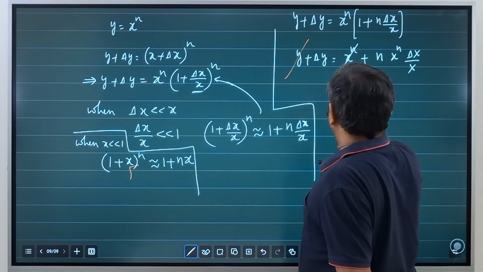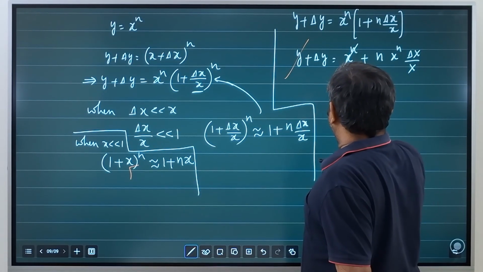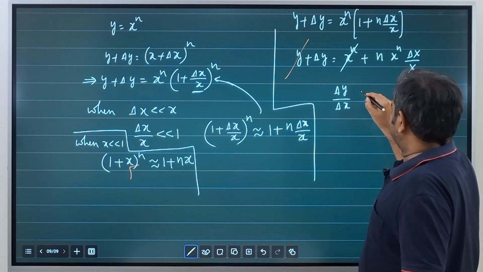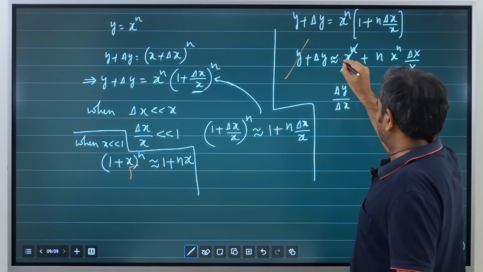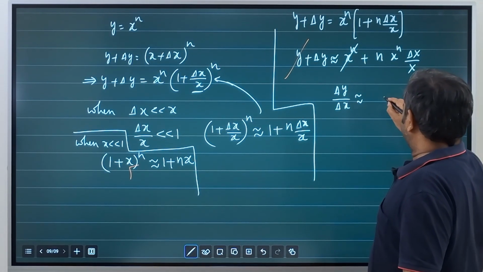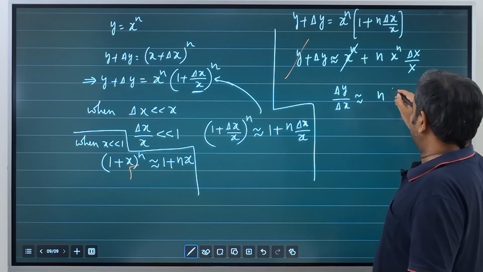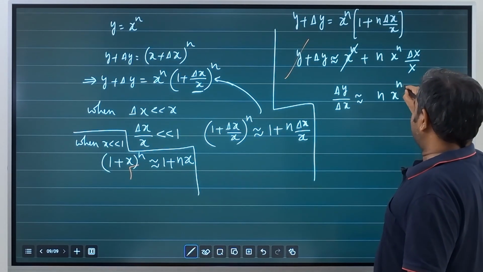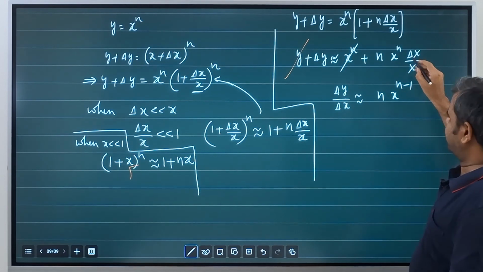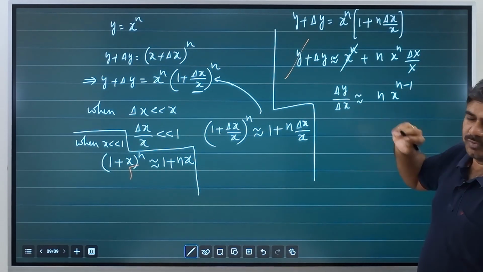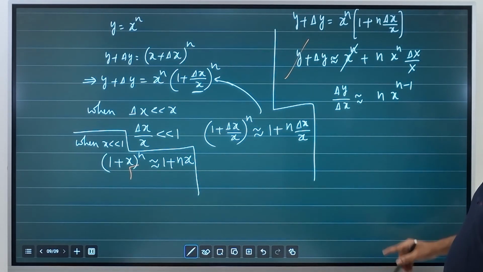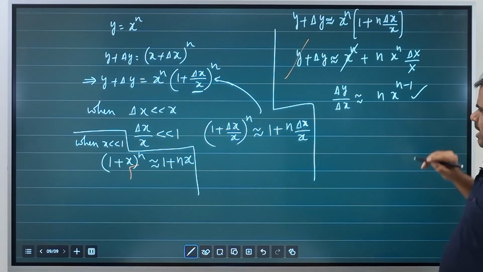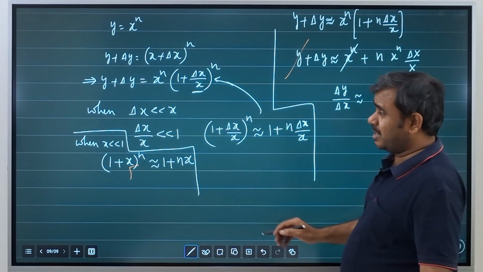You will get delta y is approximately equal to n into x power n by x, which can be written as x power n minus 1, times delta x. What have we done here? We took delta x to the left hand side. So delta y by delta x is approximately equal to n into x power n minus 1. So what do we understand?